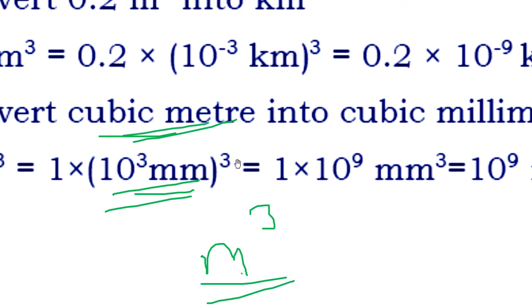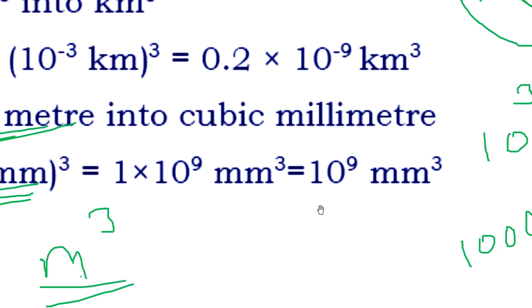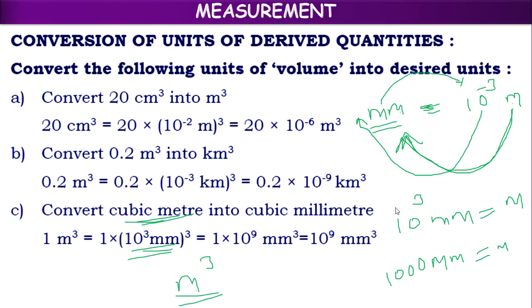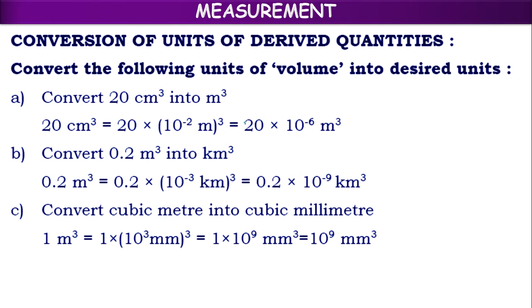Whenever we have two powers, we can multiply them. Then for millimeter also, cube will come. So 1 into 10 power 9 millimeter cube, which means 10 power 9 millimeter cube. Okay, children, in this way, we can convert derived quantity like volume into its desired units.